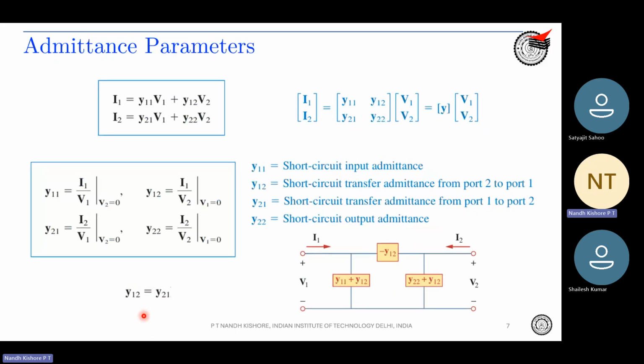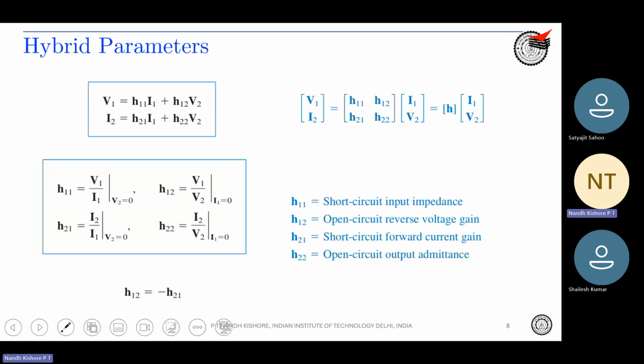Similarly, you will see that Y12 equal to Y21, right? That is the cross terms, right? In your matrix, the cross terms would be equal if it's a reciprocal network. It turns out that for hybrid parameters, the cross terms are of course equal in magnitude, but it has a negative sign. That is H12 equal to minus H21 for a reciprocal network, right?